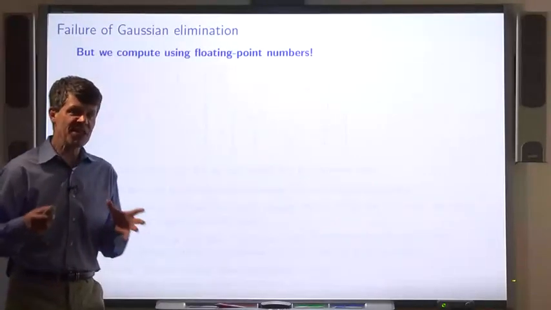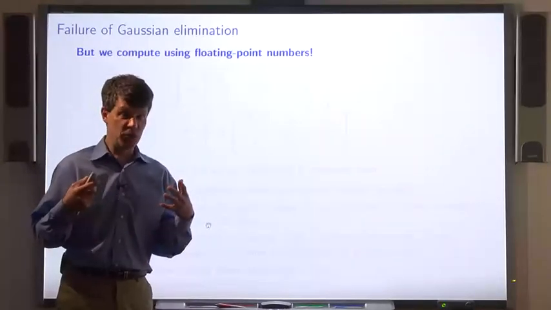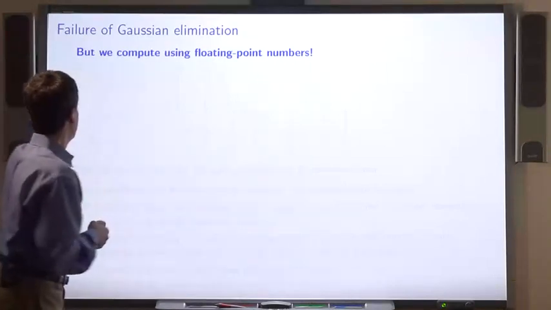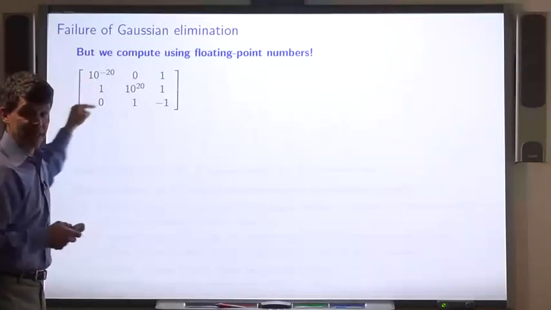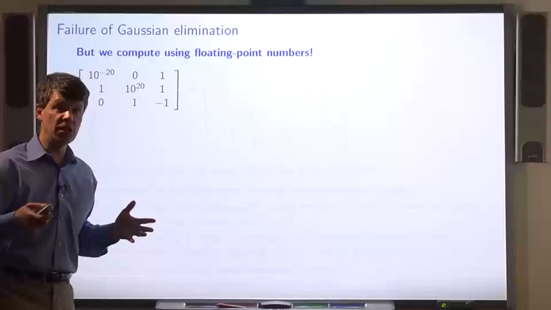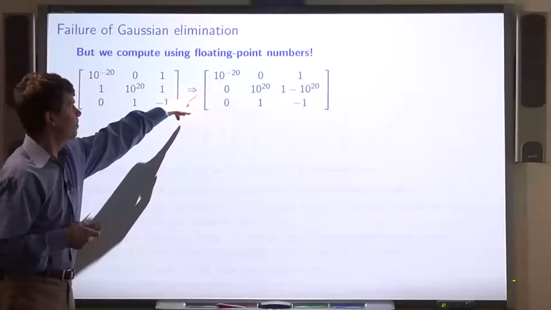However, we have to cope with the fact that our computer computes not with real numbers, but with floating point numbers. Let's say we started with this matrix. We want to compute a basis for the row space of the matrix. One iteration of our algorithm will produce this matrix.